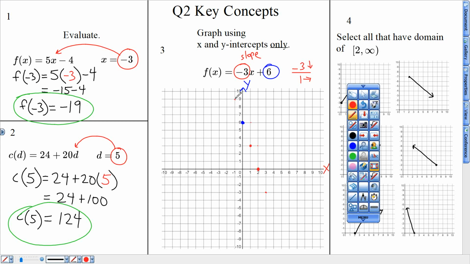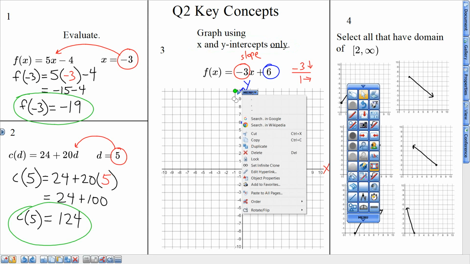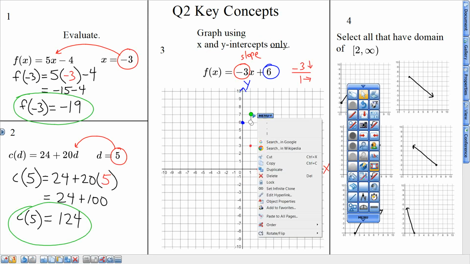They want you to graph only the x and y intercepts. So that means the only points I want to draw on this graph, even though every single one of those points on this graph is perfect, the only points I want to graph are this one and this one right here. All the other ones I need to delete. So I'm going to try to delete all those coordinates if I could. All those extra coordinates have to go.